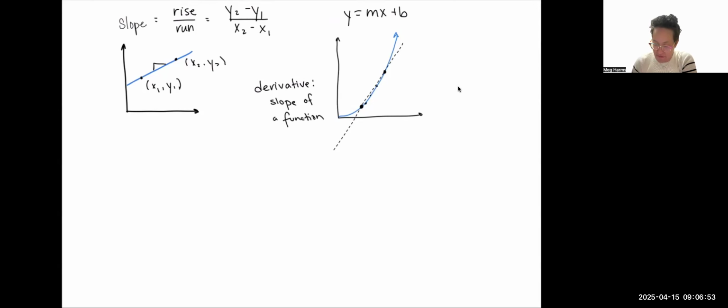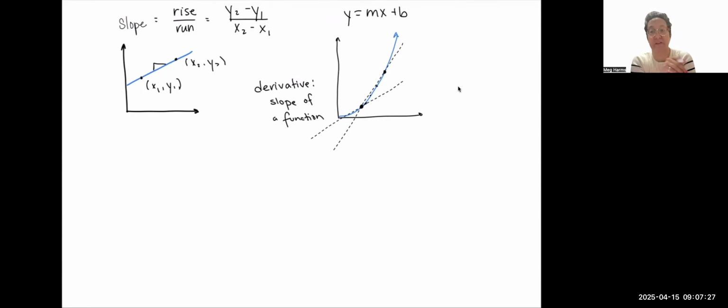But if we do these two dots that are really close together, then the slope of our line is going to look something like this. And so what Newton ultimately thought about was, well, what if we make those 2 points infinitely close together? Then what would happen? And the answer is that you would have the slope of the line at a single point. And that's actually mathematically how we solve this.